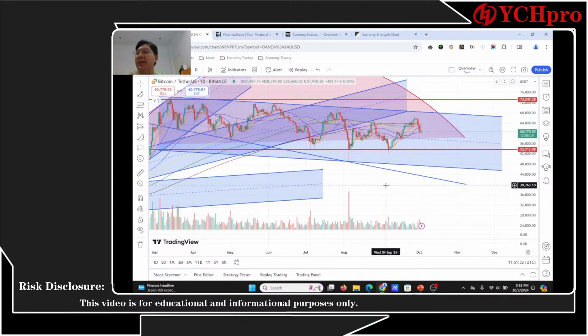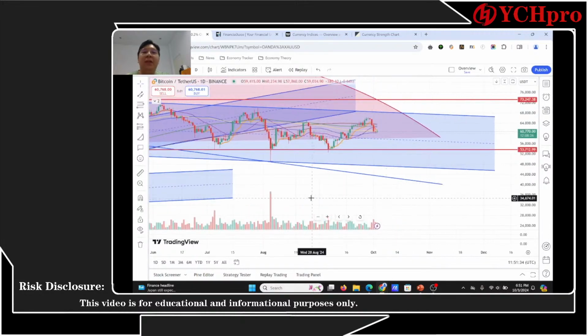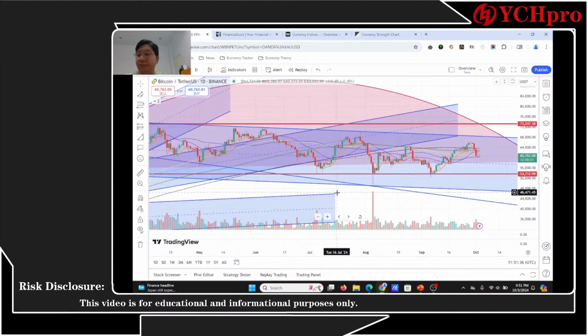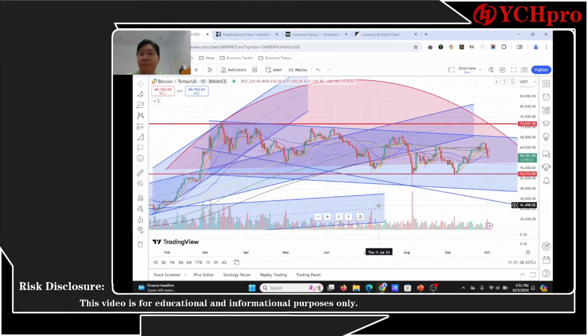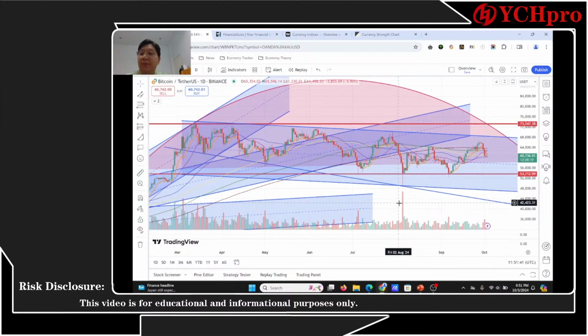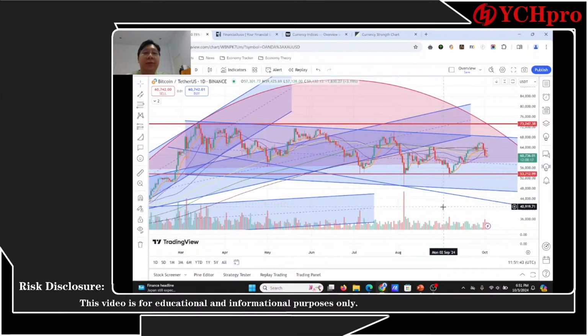Those prices are still huge, and there's still a long way to reach there. So it is very important for us to look at the overall view. Right now we are still in this sideways range on the Bitcoin side.